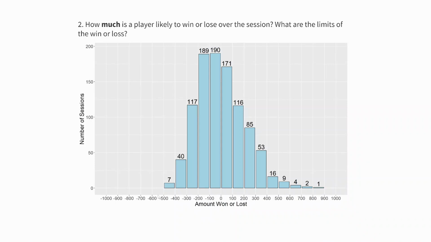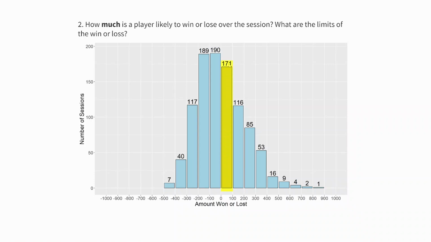Now, the second question really is where I think it starts to get a little more interesting, right? How much is a player likely to win or lose over the session? And what are those limits of the win or loss? So let's take a look at this chart. If you look at the x-axis, that's the amount won or lost. And the y-axis is the number of sessions that won or lost that amount.